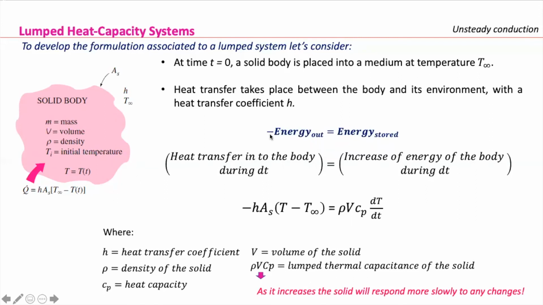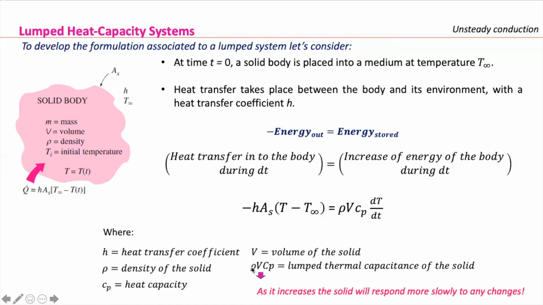So if we make a simple balance, energy in equals energy stored, or the heat transfer into the body during a delta t equals the increase of energy of the body during delta t, we have this equation: Newton's cooling law equals rho V Cp dT over dt, where h is the heat transfer coefficient, rho is the density, V is the volume of the solid, Cp is the heat capacity, A is the surface area, and delta T is the temperature difference.